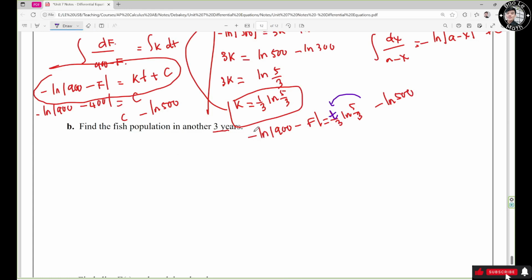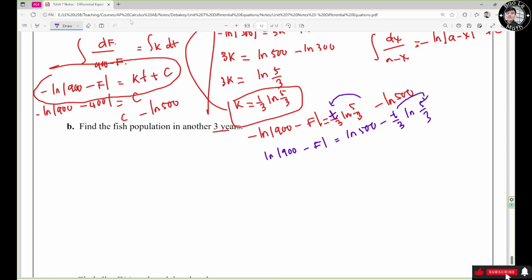Now I want to get rid of the negative side over here, so I need to multiply both sides by negative 1. So it turns out to be natural log of absolute value of 900 minus f equals natural log of 500 subtract t over 3 natural log of 5 over 3. Now I can bring t back over here.